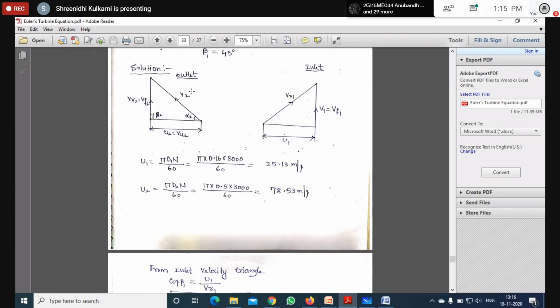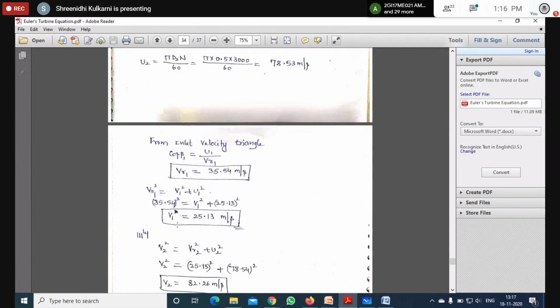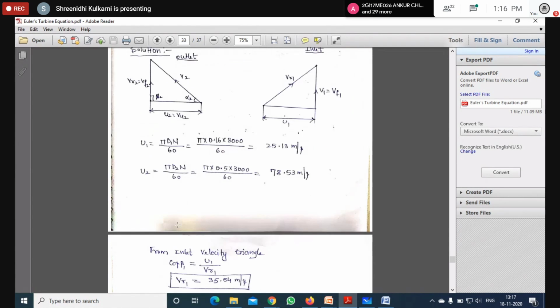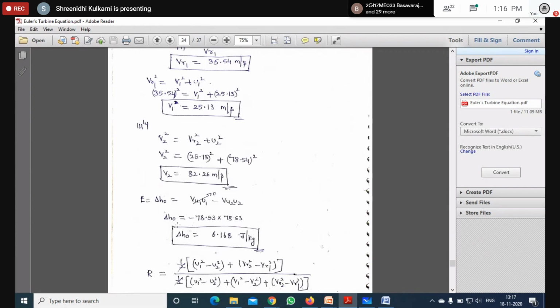Similarly, from the outlet velocity triangle, find out V2.